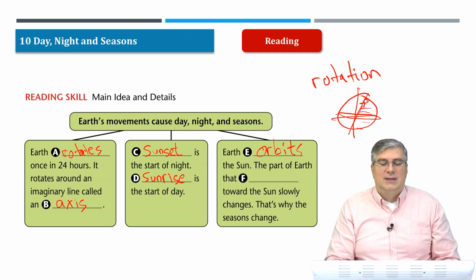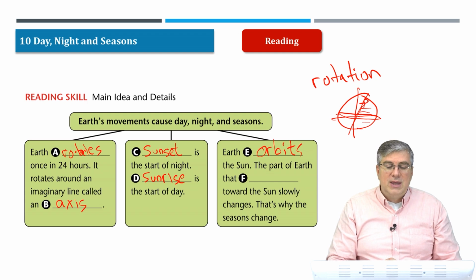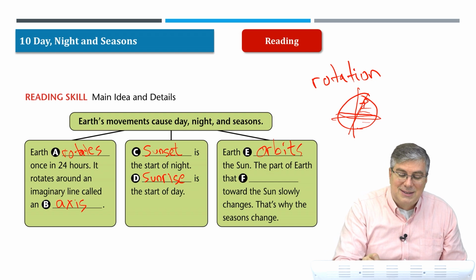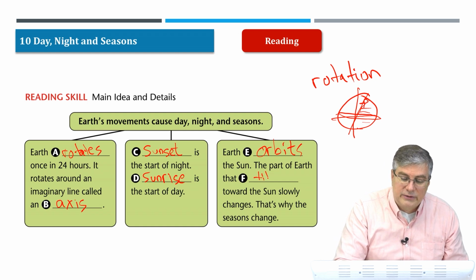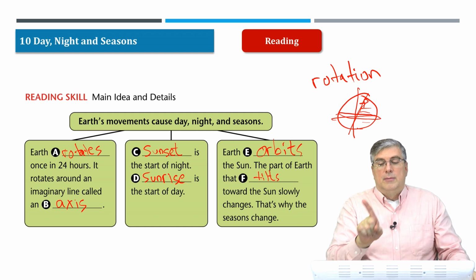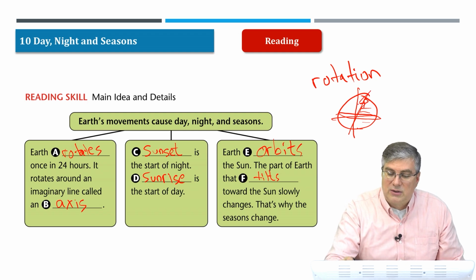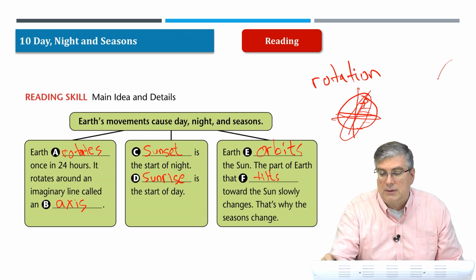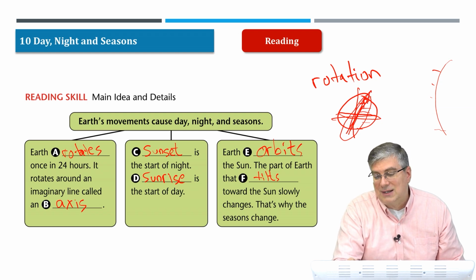The part of the Earth that tilts, right? So we talked about this word tilt, and I just explained it too. This is the axis. So at this time, if the sun is over here, that would be huge, right? That's the sun. So right now, if the Earth is rotating like this and the axis is like this, part of the Earth is tilted towards the sun.